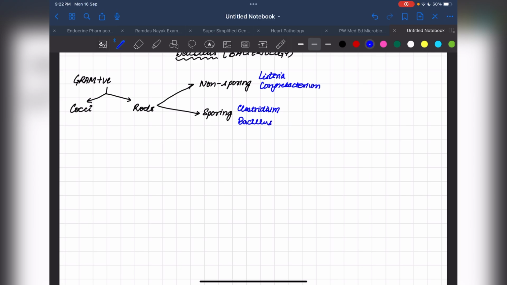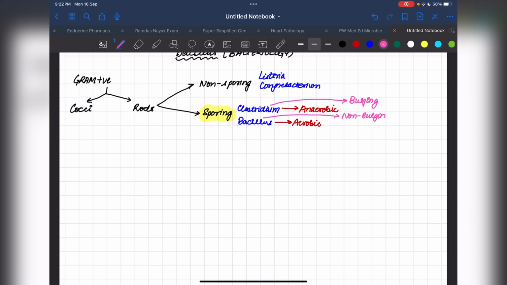Now there are some differences between these two that you need to know. Bacillus is an aerobic bacteria while Clostridium is an anaerobic bacteria, and as I've already said, they are both sporing. The spores that Clostridium forms are bulging, while Bacillus forms non-bulging spores.